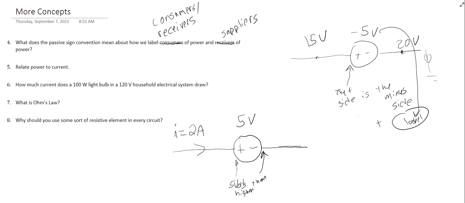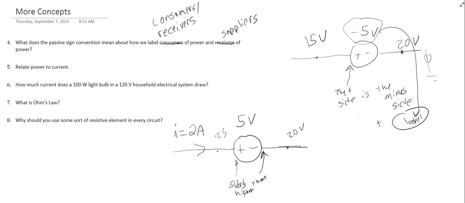On this one down here, if this side was at 20 volts, what would this side be at? So wait, you subtracted 20 from 5? Up here, I added negative 5 to 20 is what I did. I added this number to that side. Okay, so it would be 25. Yep.